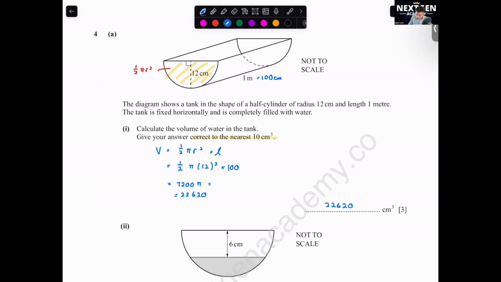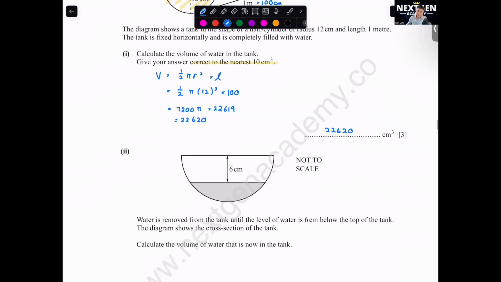So you make sure you write either 7,200 pi or maybe some of you prefer writing this 22619 first before you round it up. Because according to the mark scheme, they actually give you the second mark over there. That's how they mark it. If you never write, I don't know, depends on the marker whether they will give you the marks or not.